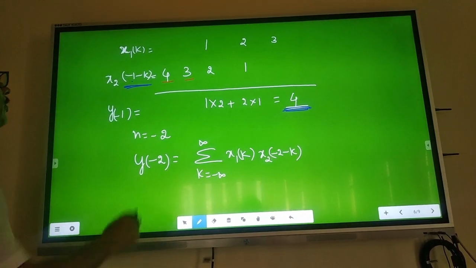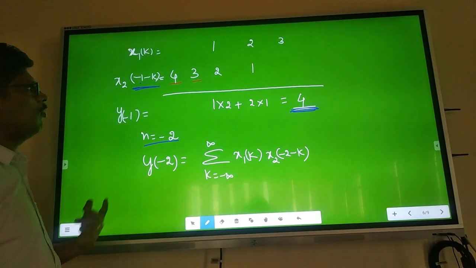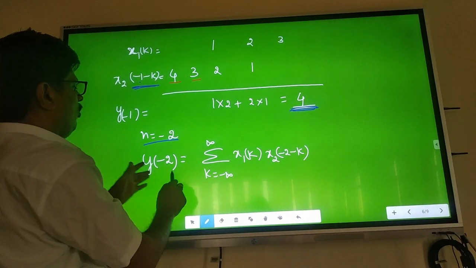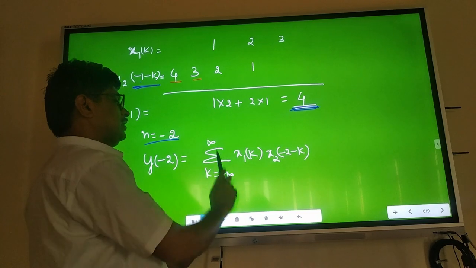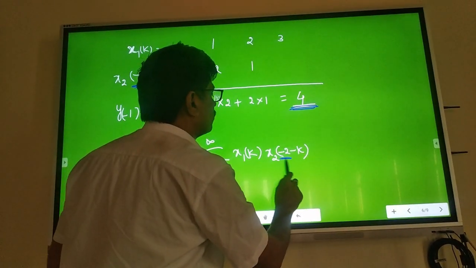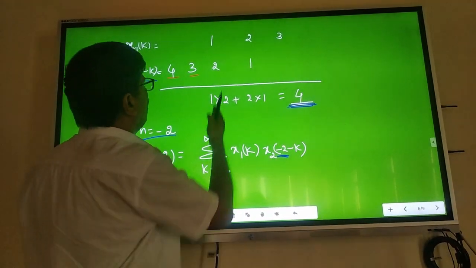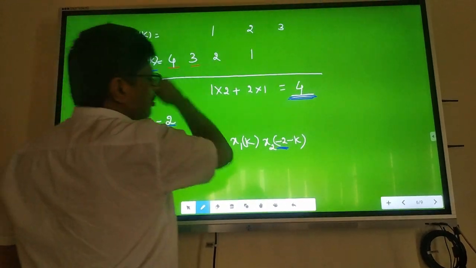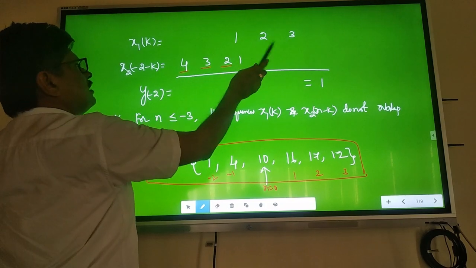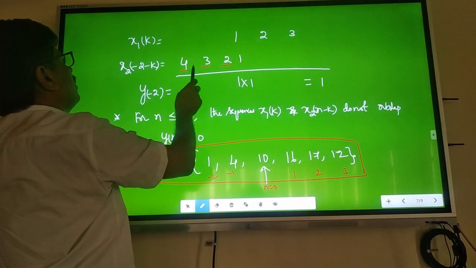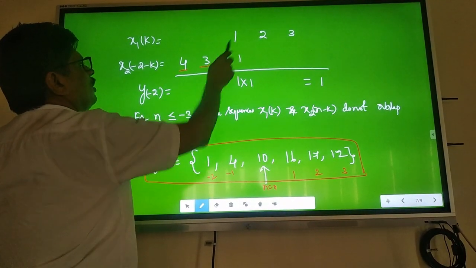Left shift by 1. Then n is equal to minus 2. One more left shift. What will happen? y[-2] is equal to the summation over k from minus infinity to plus infinity of x1[k] x2[-2 minus k]. One more shift, like this. See, 1, 2, 3 as it is. First one, don't touch; second one is 1, 2, 3, 4.